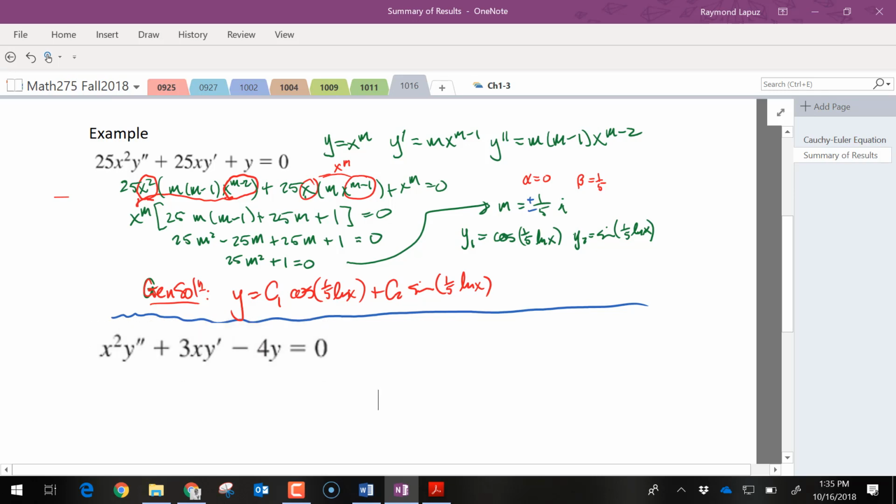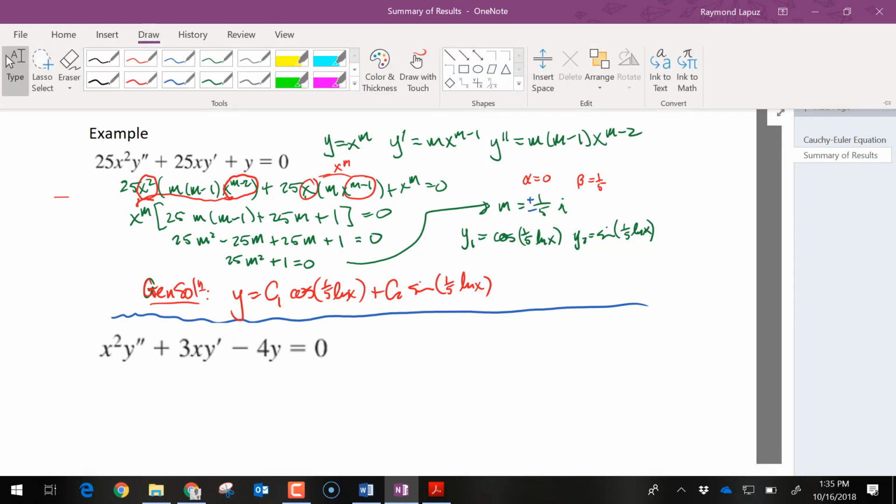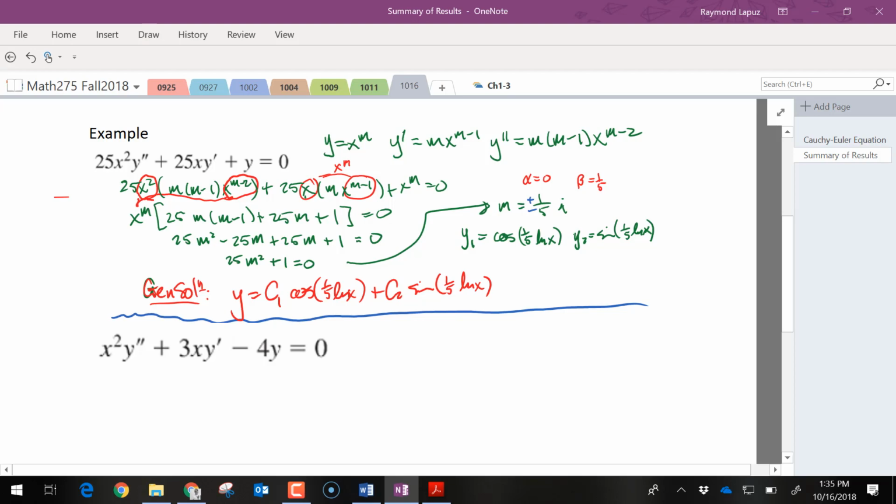All right, let's see. So y is equal to x to the m, y prime is equal to mx to the m minus 1, y double prime is m minus 1, x to the m minus 2.